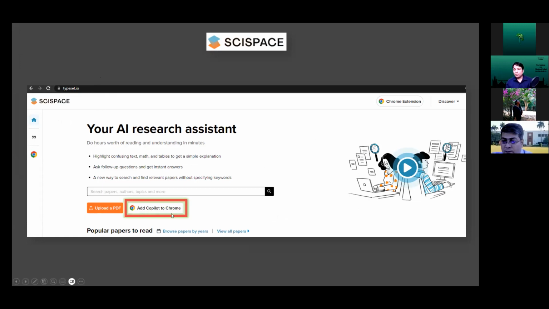It is a Chrome-only Copilot. When you install this Copilot, you will have a small face-shaped icon which will appear on the extension ribbon of the Chrome browser. And this means that your Copilot is reading all the material which is on this website.